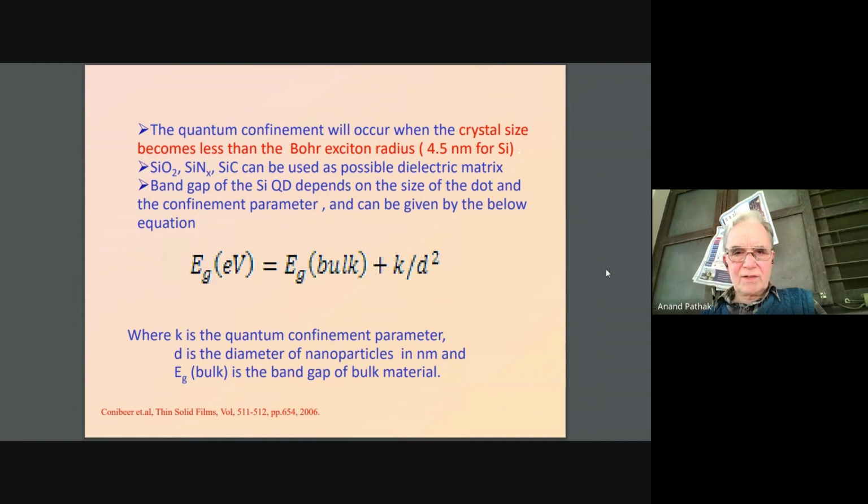If D is small, the energy band gap can become more. If D is 0, it becomes infinity, but if D is very large, then it is bulk. If D is of the order of a few nanometers, then the energy of the quantum dot becomes more than the energy band gap of the bulk.